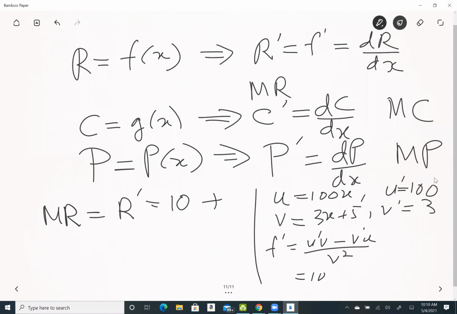So you got 100 multiplied by v, which is 3x plus 5, minus v prime 3 multiplied by u, which is 100x, everything divided by v squared, which is (3x plus 5) squared.